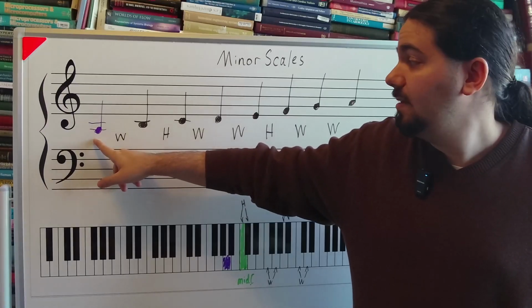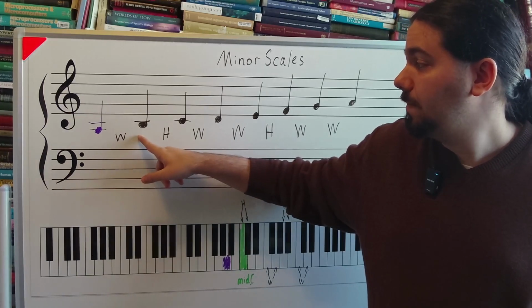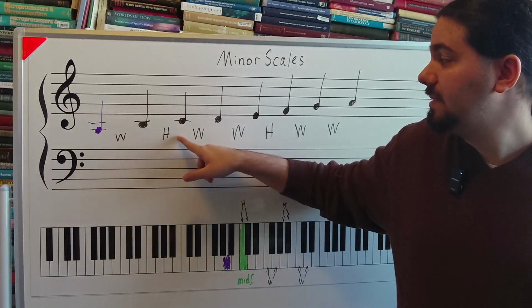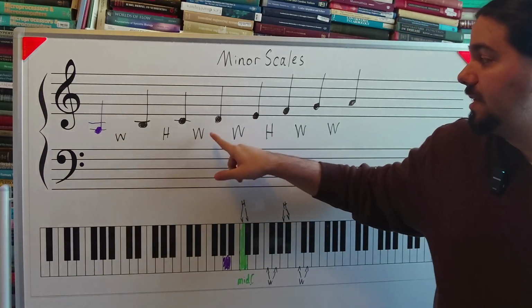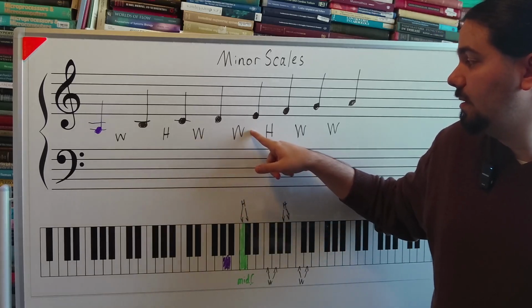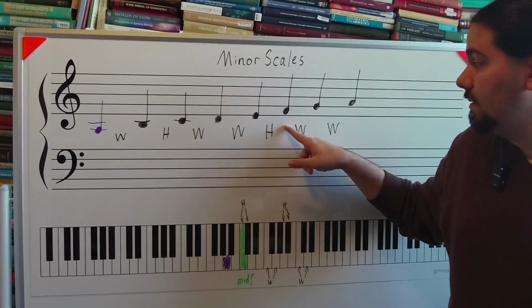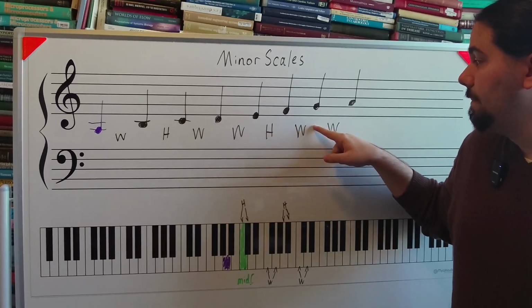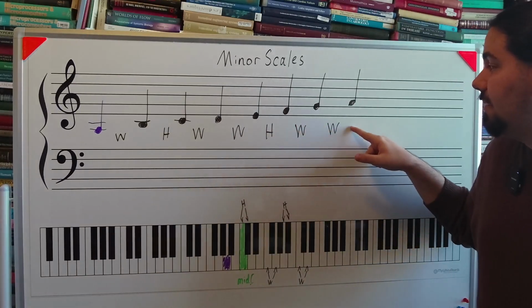Starting on A. Whole step up is B. Half step up is C. Whole step up is D. Whole step up is E, half step up is F, whole step up is G, finally, whole step up is A.